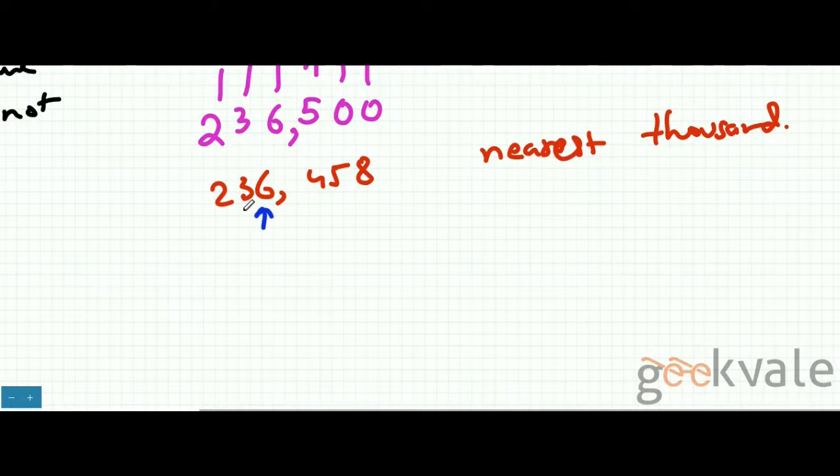Everything before 6 will stay as it is, everything after 6 will become 0. Now for 6, we look at the digit next to it, that is 4. It's less than 5, so the 6 will not change. So we'll just get 236,000.